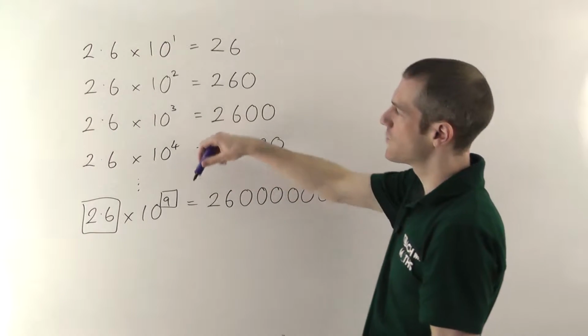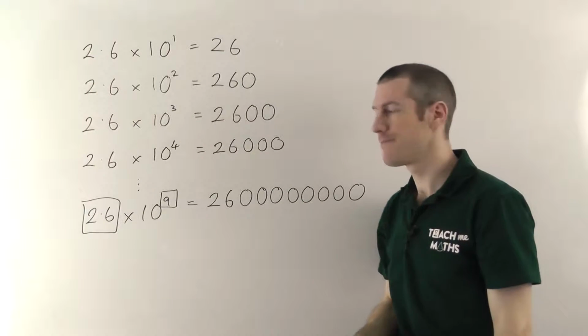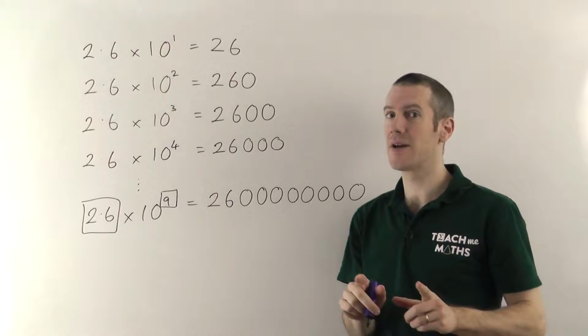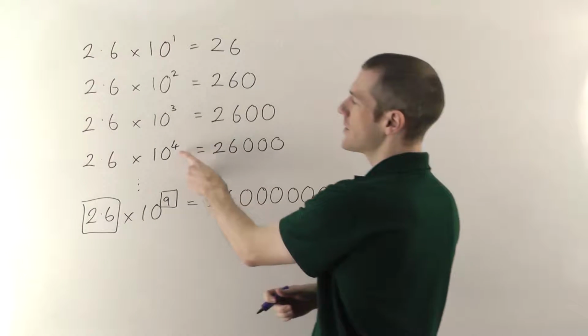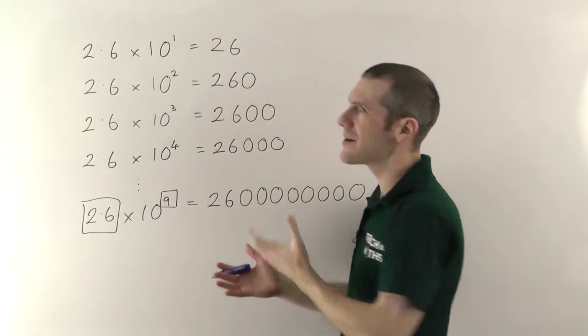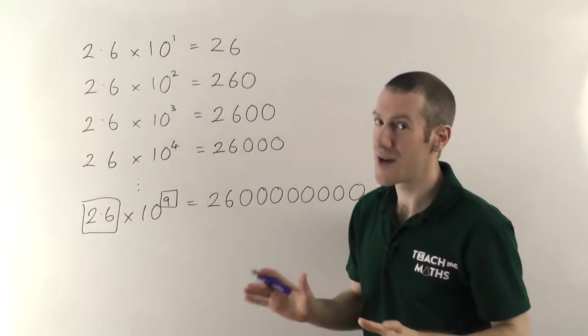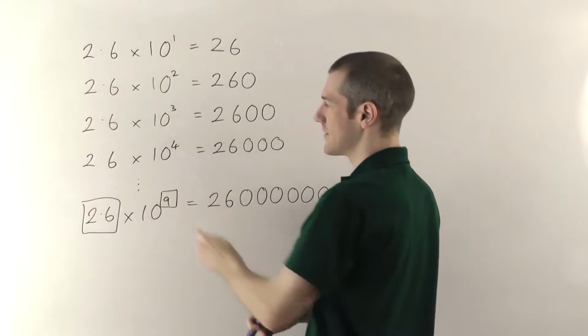And it's because of this property that every time you multiply by another 10, it just moves the decimal point another place. One thing I should point out here that a lot of people get wrong with standard form is that the power doesn't tell you how many zeros there are. Sometimes the power is the same as the number of zeros, most of the time it's not, and you shouldn't fall into that trap. You can't just add 4 zeros onto the end of this.